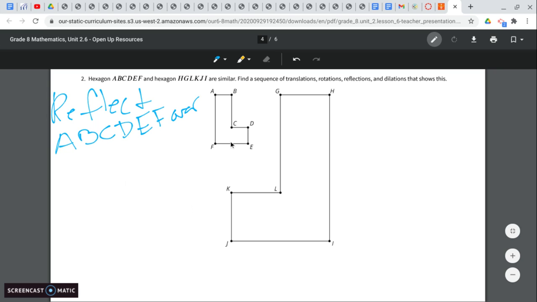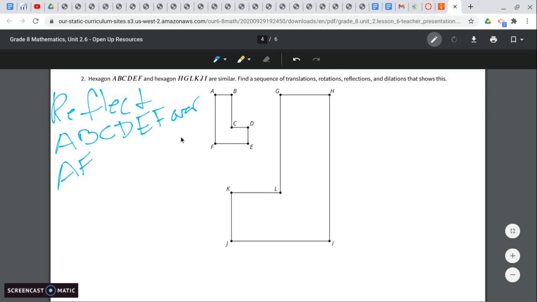In order to reflect this over, we need to have a line to reflect it over. Since we want this part over here, the DE, to end up on this side, we can reflect it over the line AF. So reflect over AF. That can be our line, rather than making an external line for it to reflect over.